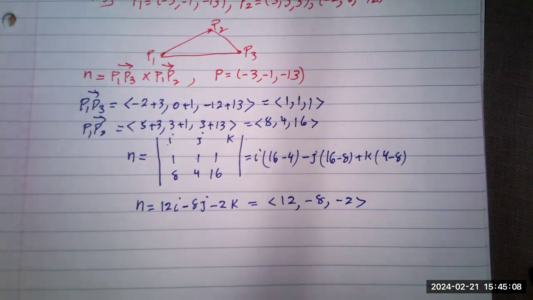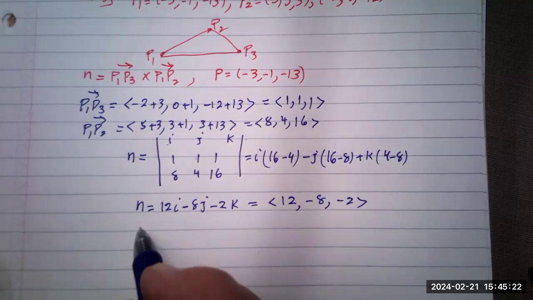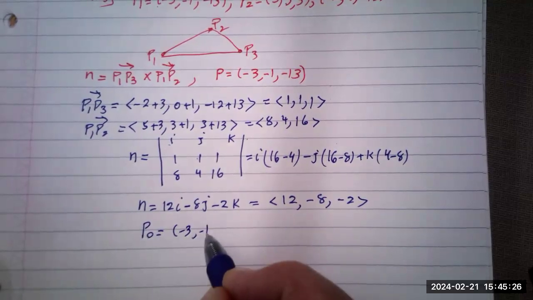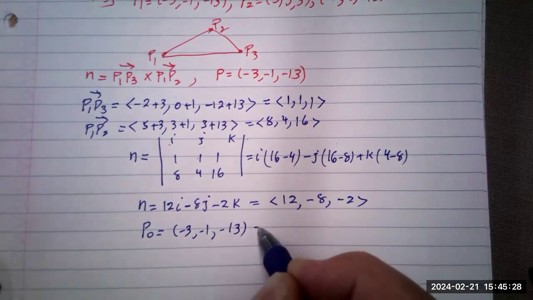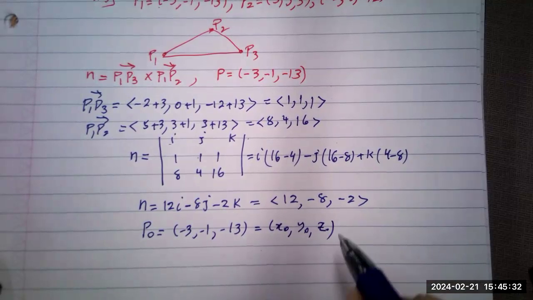Okay, that's going to be the case. Then you are going to put it into the equation of the plane. So this is going to be 1, and the point is -3, -1, -13. This is going to be your x0, y0, z0.